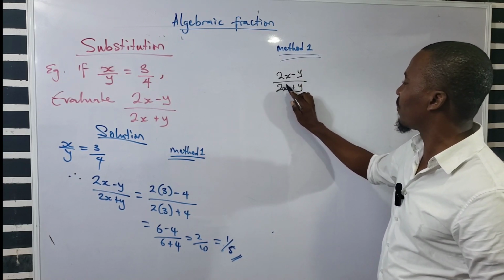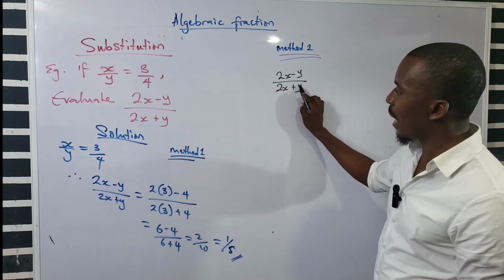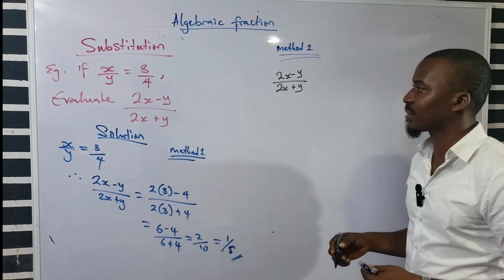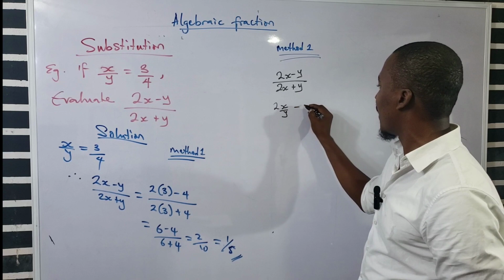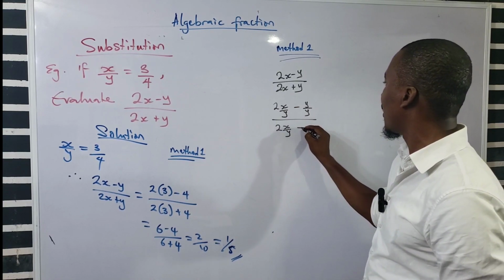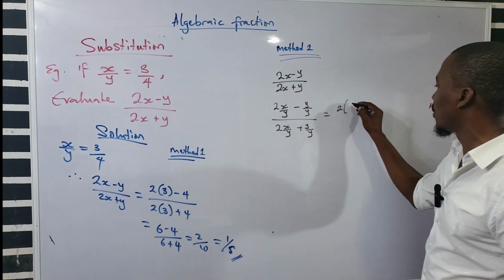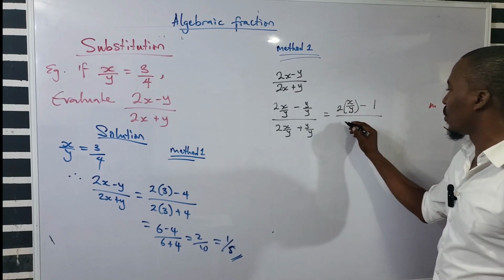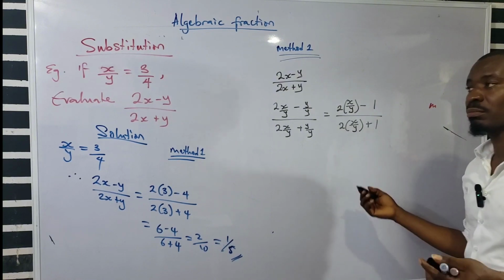So how can you achieve that? If you divide each of these terms by y, because y is at the denominator, we are going to have our x over y. So let's try that. 2x over y minus y over y, all over 2x over y plus y over y. So that will give us 2 into x over y minus 1 all over 2 into x over y plus 1.